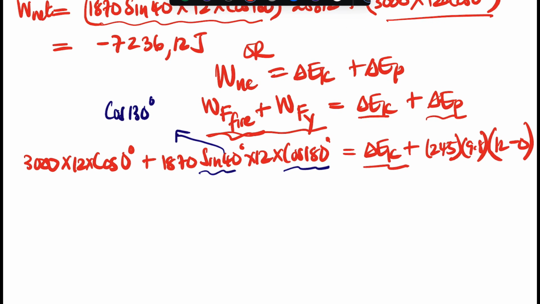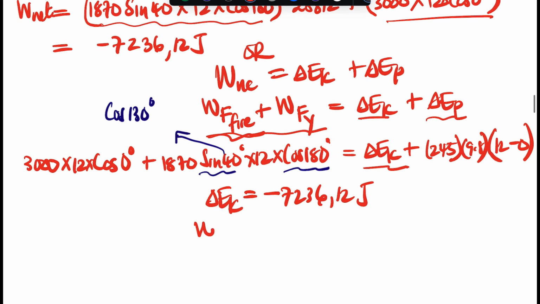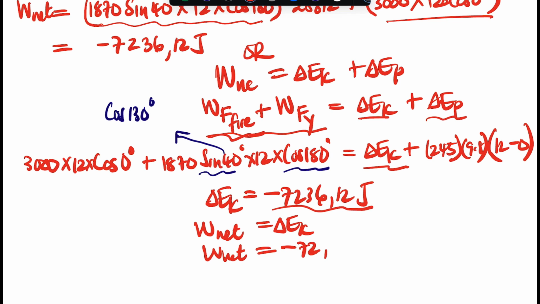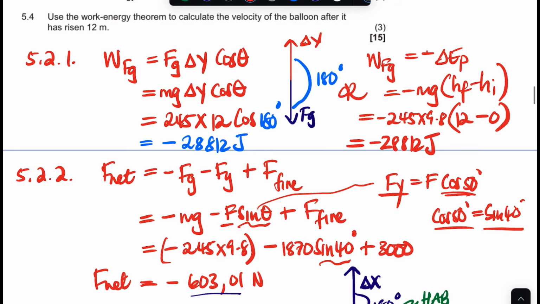So the change in EK is going to be negative 7,236.12 joules, right? Since we know the work net is equal to the change in EK, therefore this is going to be equal to the work net, 7,236.12 joules. Hope that makes sense. Let's move on to the next question.